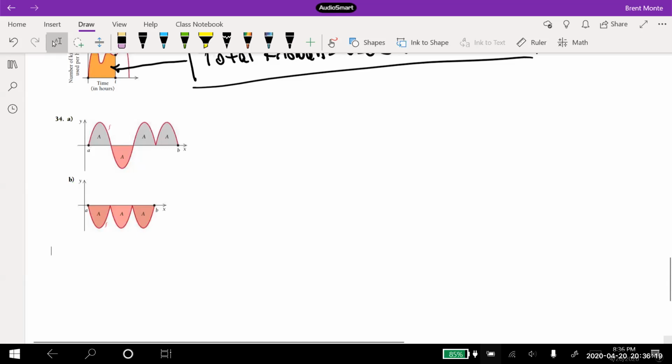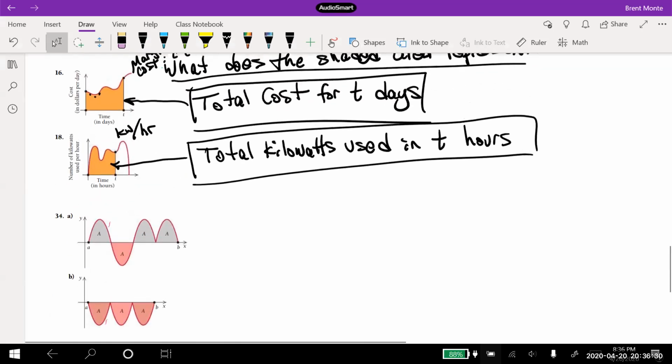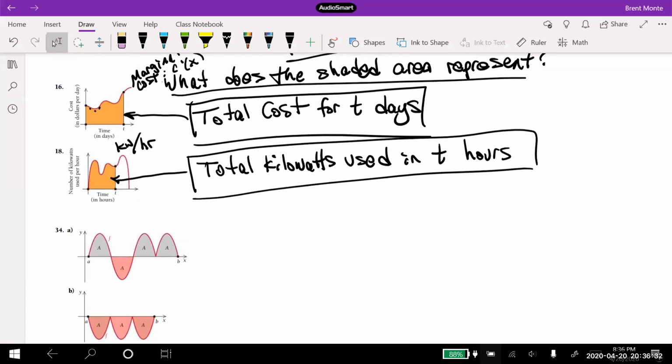Now this problem, in the new edition of the book, it's problem 34. In the old edition of the book, it's 34 also. So this one was the same, but some of them are different. That previous problem I did, the 16 and 18, in the previous edition of the book, the cost in dollars per day was actually problem 15, not 16.